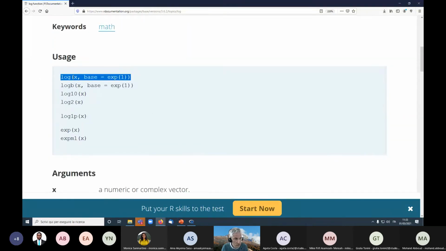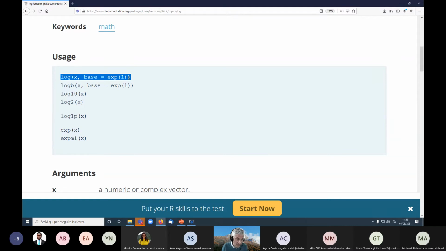Which takes two arguments. The first argument is the number to compute the logarithm of, which is x. The second argument is the base, which has a default. You see that there is a default here, base equal to, what is exp(1)?